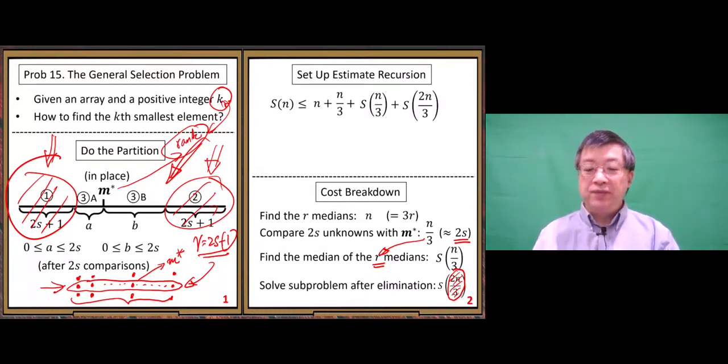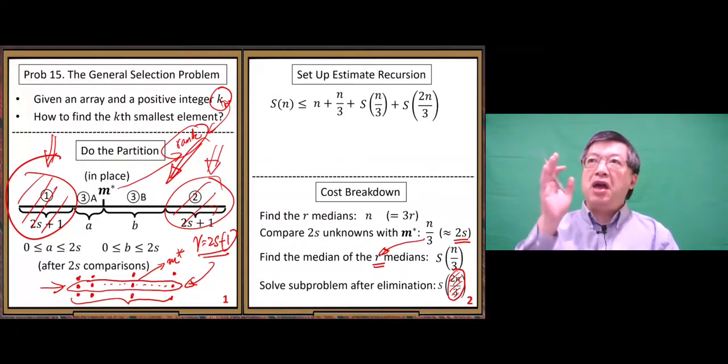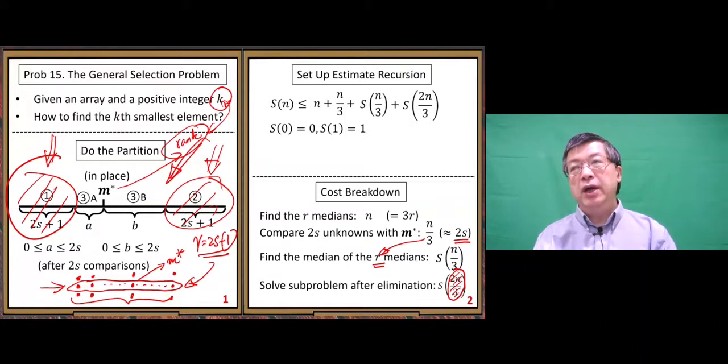So you can see that is our recursive inequality. We can use it to estimate our cost function S of n. But we need an initial condition, so that's easy. S of 0 equals 0, S of 1 equals 1.